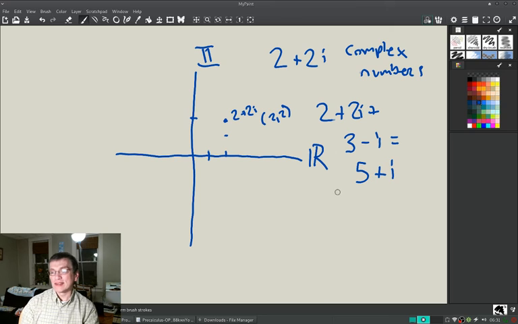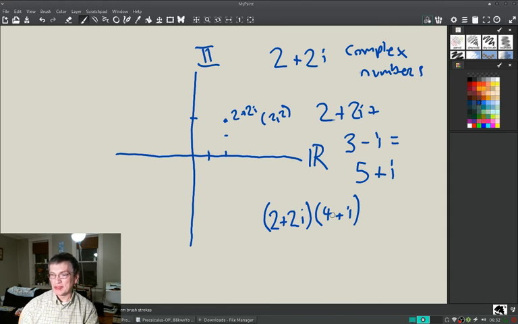So you can add these things together. You can multiply them together. This is as complicated as we get. You can divide them too, but there you get into complex conjugates, which are cool in themselves, but we'll save those for another time.